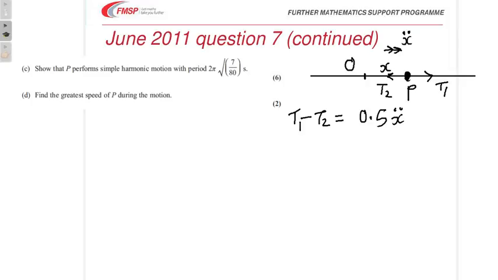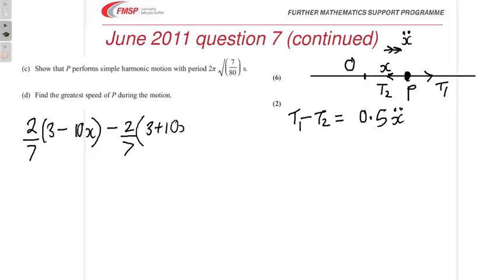Putting the T1s and T2s in there, and using the room on the left hand side here, we get 2/7 into (3 minus 10x) minus 2/7 into (3 plus 10x) equals 0.5 x double dot. Okay, we're well on the way now.